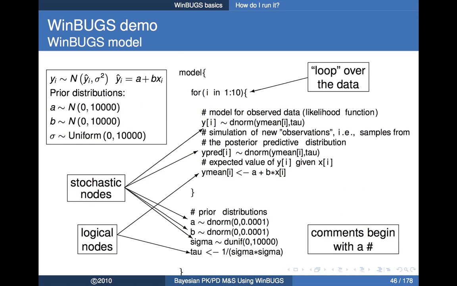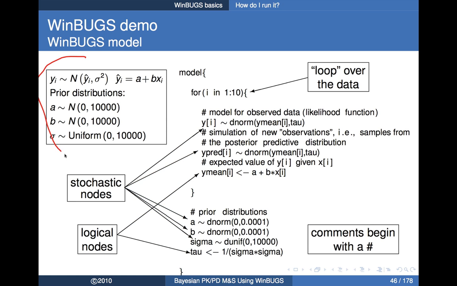Okay, let's orient you to some of these here then when we start talking about this in the context of actually writing a BUGS model. What I've got here is an annotated version of the WinBUGS model that you'd use for that linear regression we're talking about.